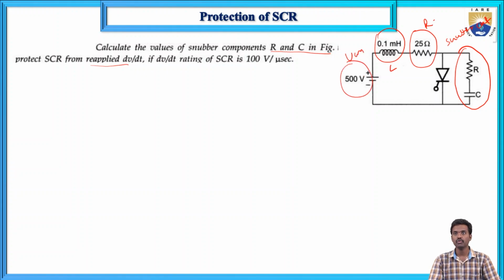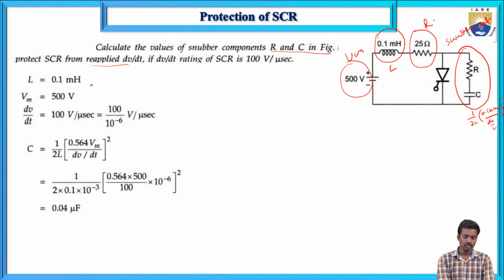We know the formula for C: C equals 1/(2L) times (0.564 Vm / (dV/dt)) whole squared. So if you see here, L is 0.1 millihenries, Vm equals 500 volts, and dV/dt equals 100 volts per microsecond, that is 100 divided by 10 to the power minus 6. And next, C equals the formula 1/(2L) times (0.564 Vm / (dV/dt)) whole squared.